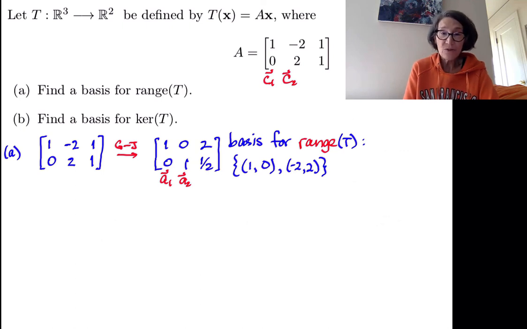In R2, when you have a set of two linearly independent vectors, that is a basis for that vector space. So that's a basis for R2. So that means the range of T is all of R2.